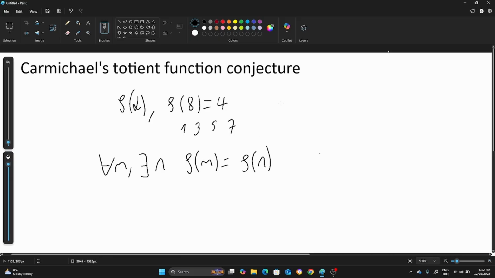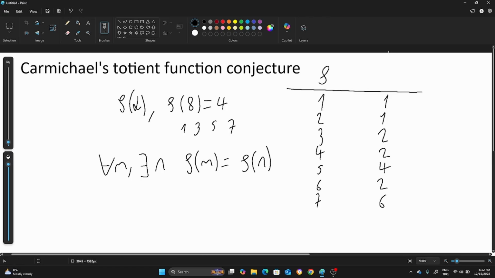Now we can see the totient table, 1, 2, 3, 4, 5, 6, 7. Totient of 1 is 1. Totient of 2 is 1. Totient of 3 is 2. Totient of 4 is 2. Totient of 5 is 4. Totient of 6 is 2. Totient of 7 is 6.